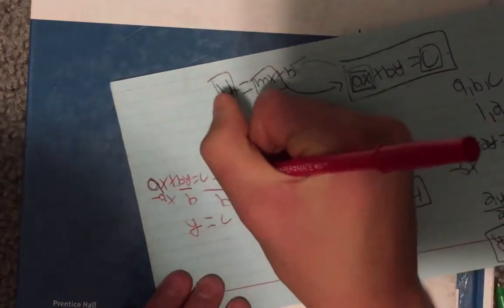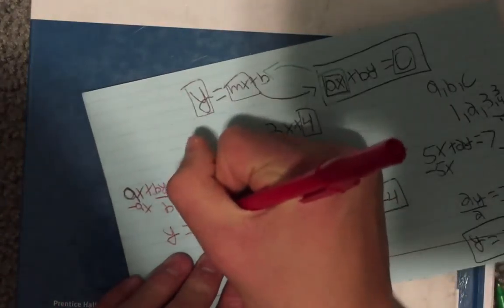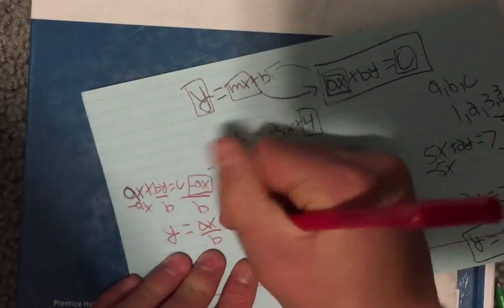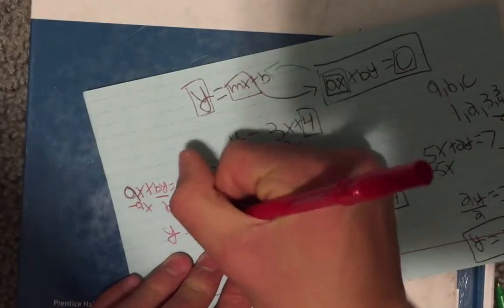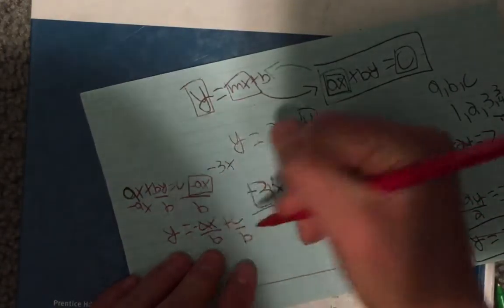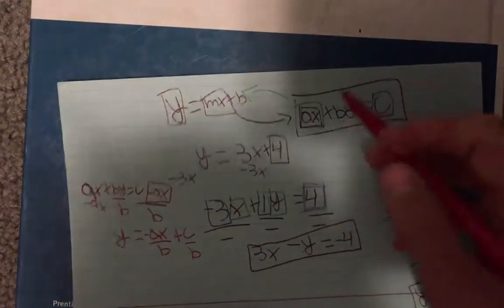No, wait. Remember, we had to have the mx first. So it's negative ax over b plus c over b. So that's just if you wanted to translate the standard form equation into the slope-intercept equation.